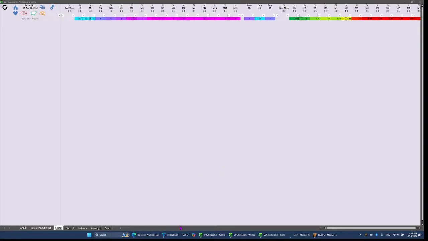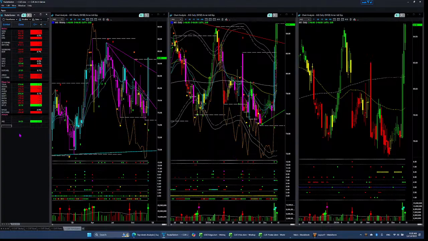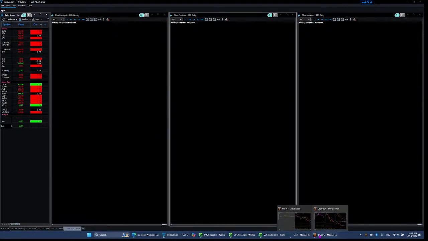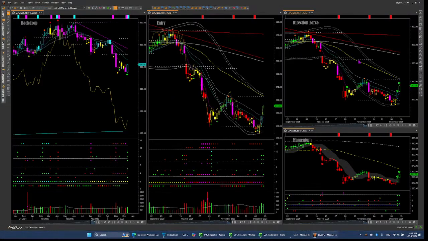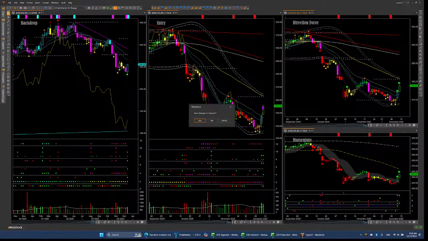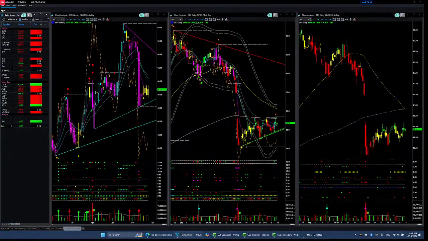Lastly, let us look at its technicals. MO had a sharp drop here.